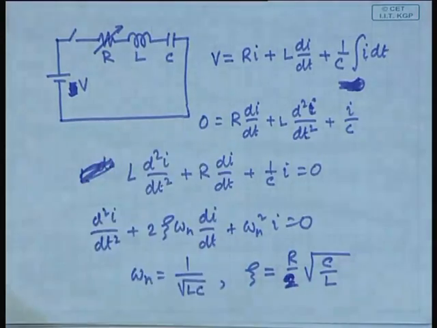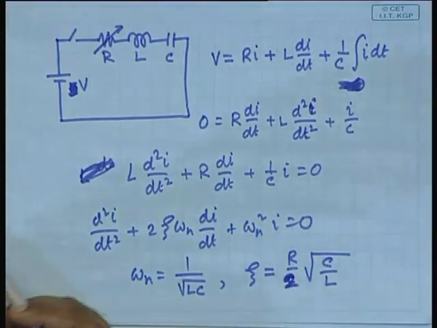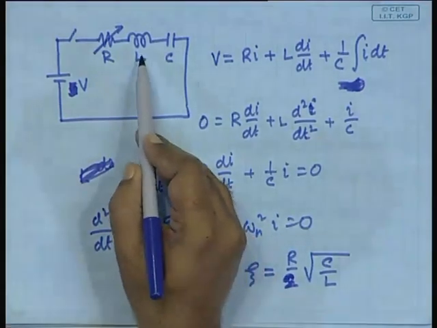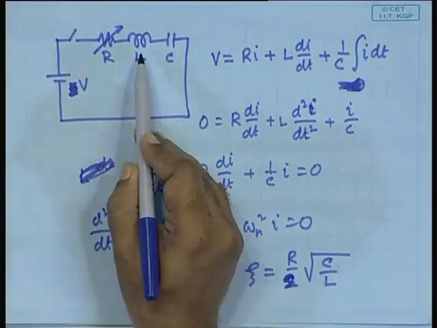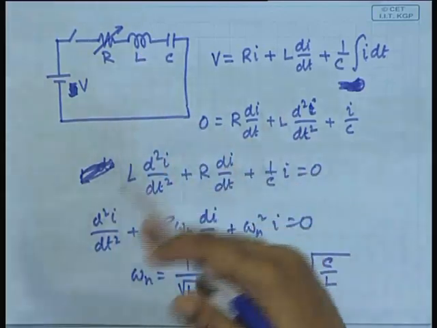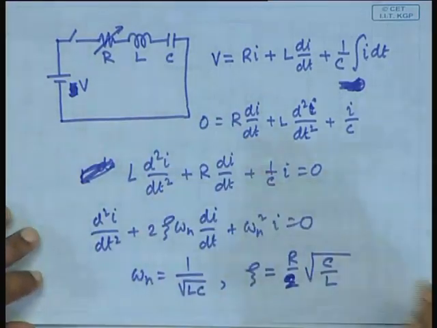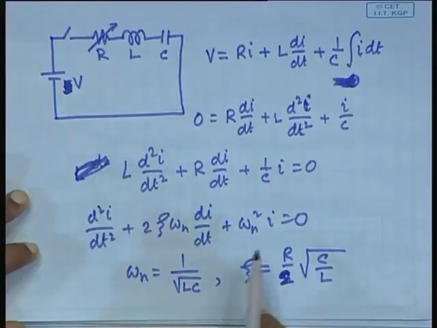What is VL? L di/dt. So, you have to differentiate it, and then this will give this value. Then can you draw, supposing this gives an overdamped response, can you draw all these variables? Before I go into this, I will have to just clarify the concept there. Can you draw all the variables?